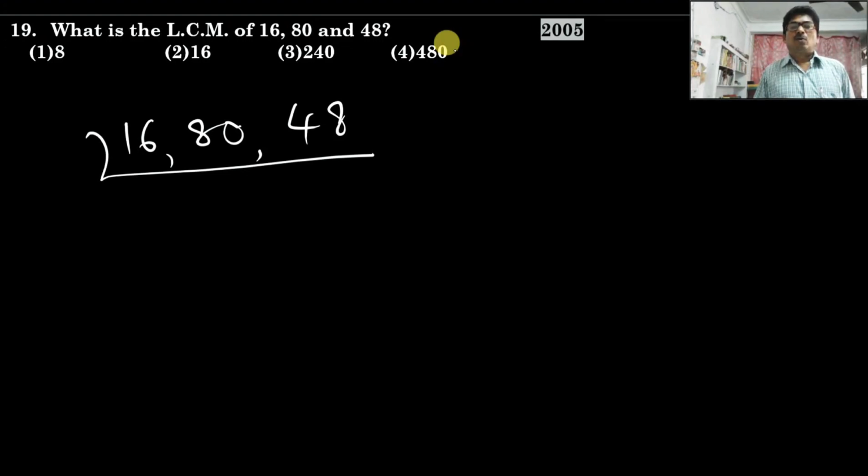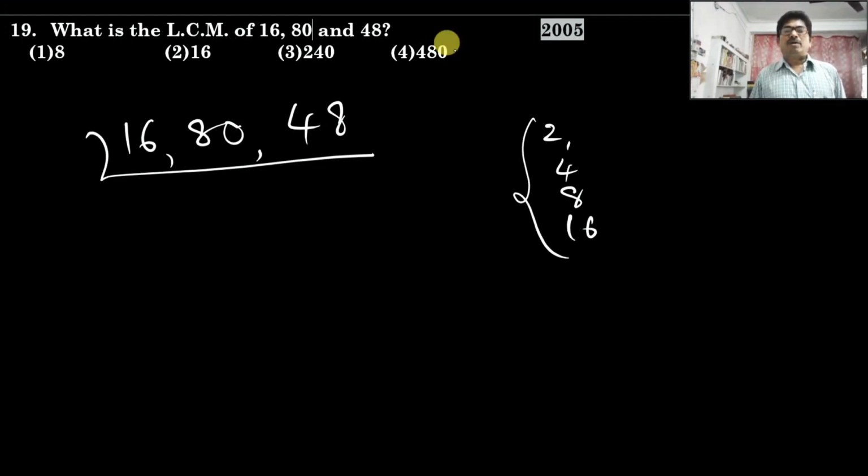We can take 2 table, 4 table, 8 table, or 16 table. Which is best, that we will take, children. So any of these numbers we can take as divisor.